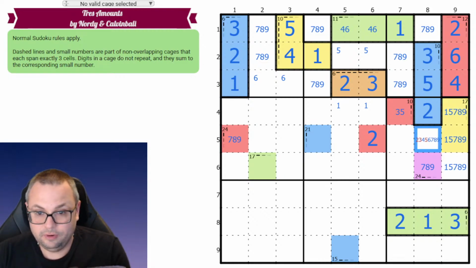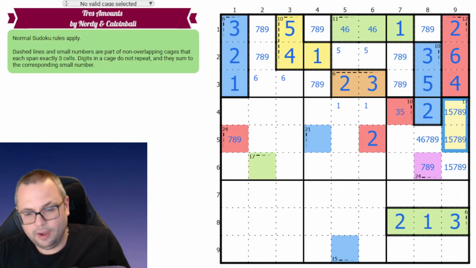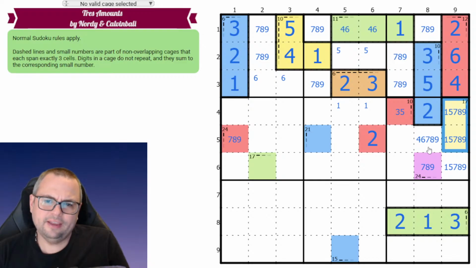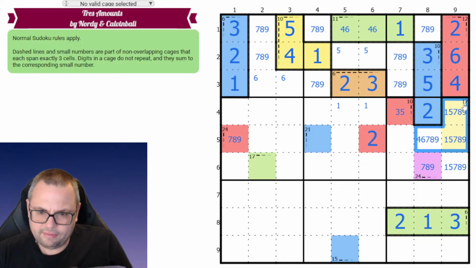And this is not 1, 2, 3, or 5. So if there is no 1, I could do... Oh, yeah, I can't do 5. So I guess I could do 4, 5, 7. No, 4, 5, 7 doesn't work. 4, 5, 8? 4, 5, 9? 4, 5, 8, I think would work.